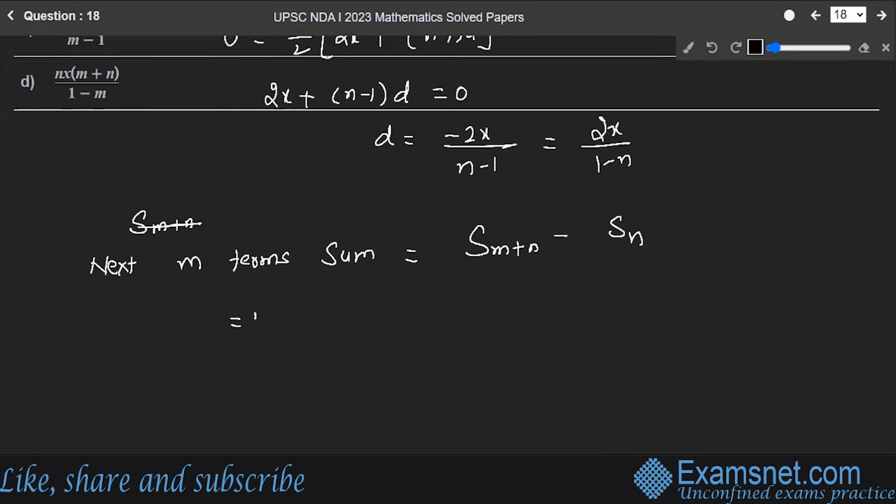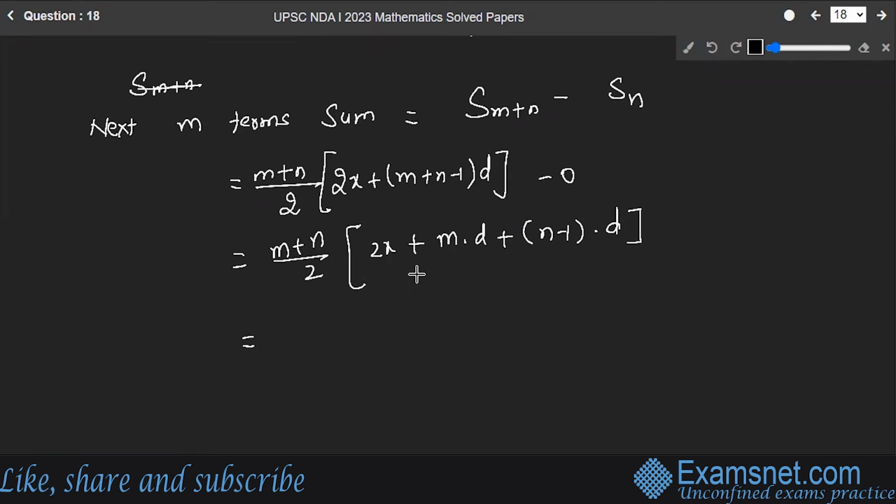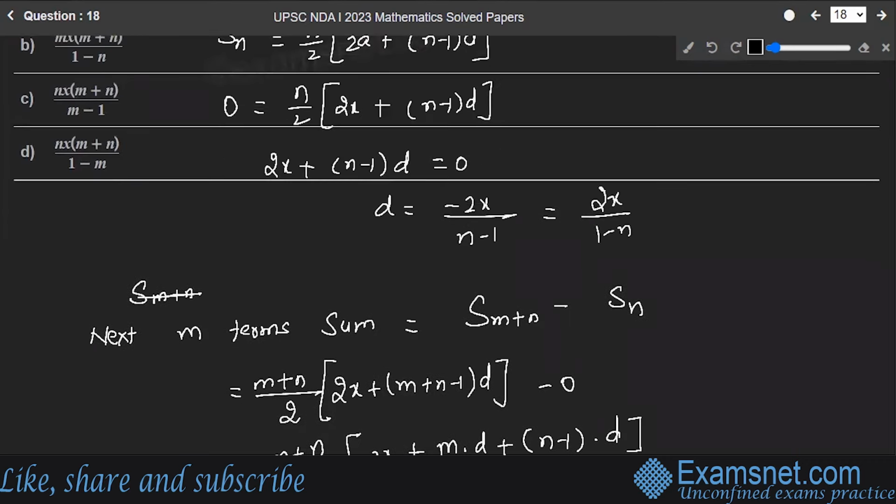And this will be m plus n by 2, 2x plus m plus n minus 1 into d. And this was equal to 0. So I'll just write down 0 over here. Correct. Next, this is m plus n by 2. Let's open it. 2x plus m into d plus n minus 1 into d. So this is equal to 2x plus n minus 1 d. This is equal to 0.